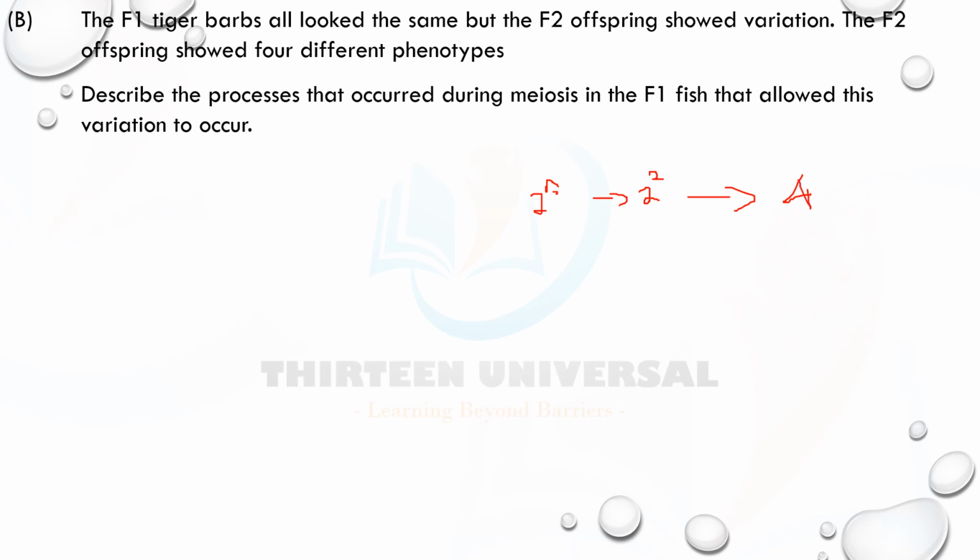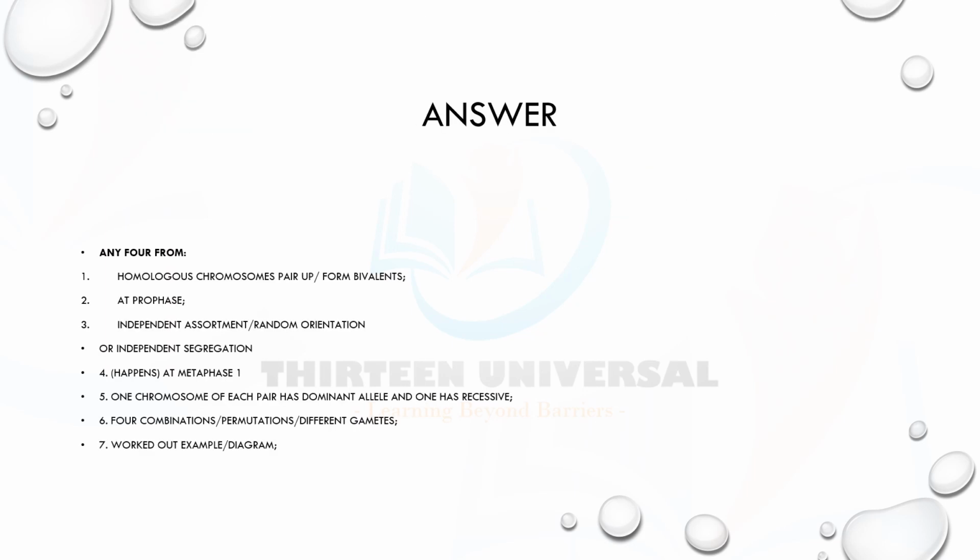Of course crossing over can occur, but crossing over only affects genes that are linked. We're not mentioning crossing over because these genes are on different chromosomes. Only independent assortment can combine them differently. Homologous chromosomes pair up and form bivalents at prophase.